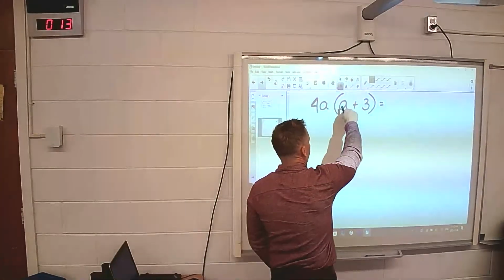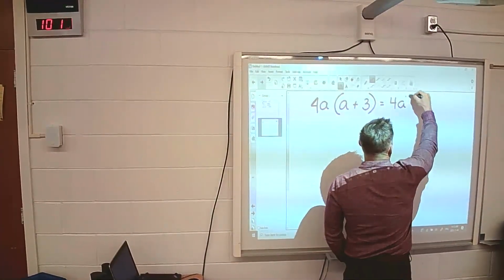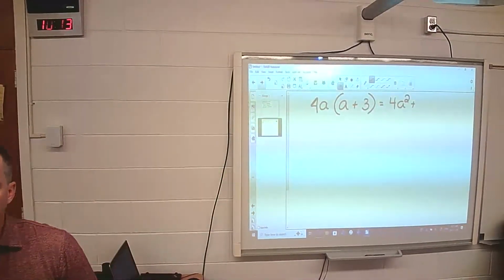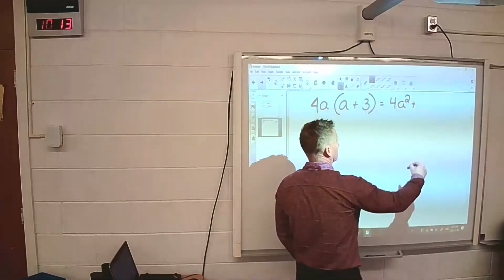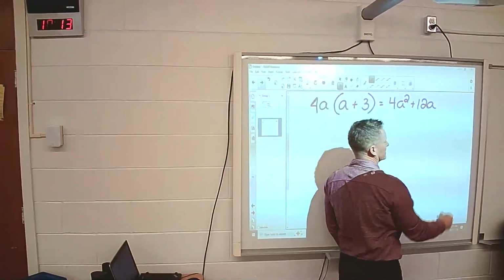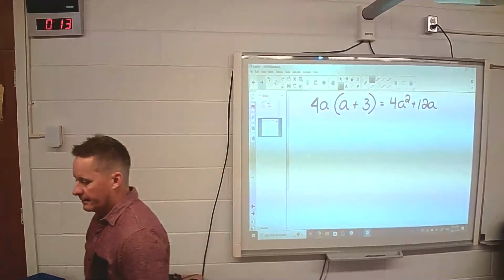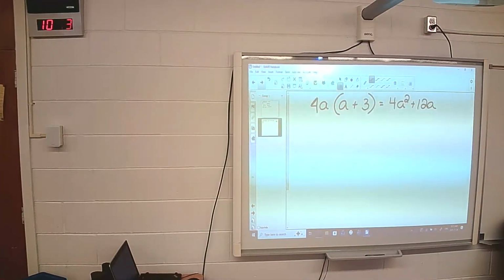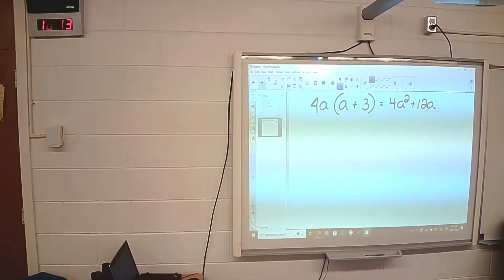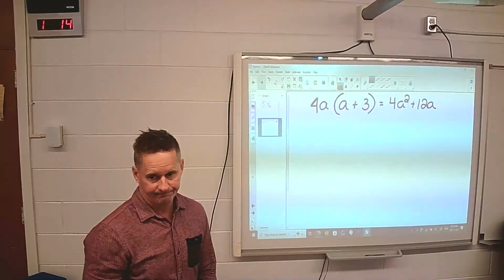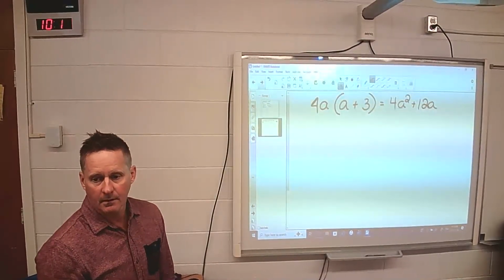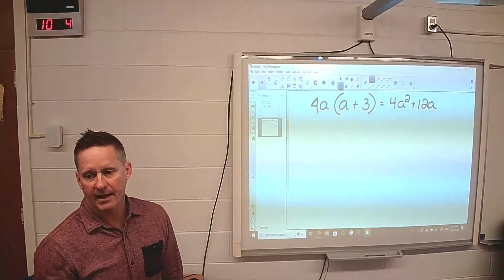So 4a times a is 4a squared, so you have that part right. 4a times 3 is 12a. Multiply through the brackets by each term. I times the 4 by the 3, and the a just stays as is.